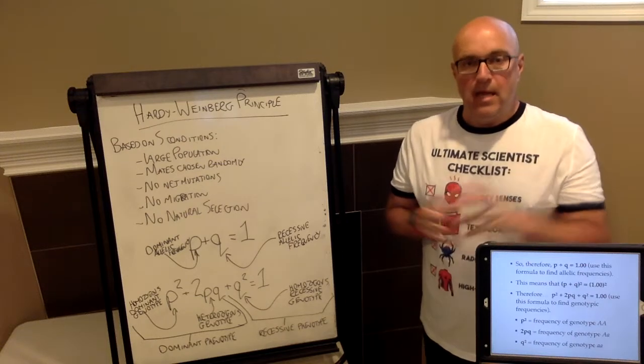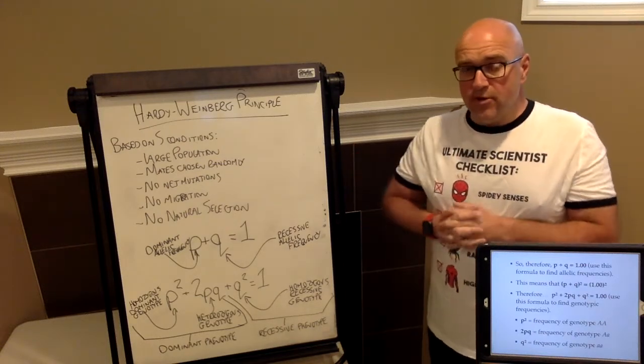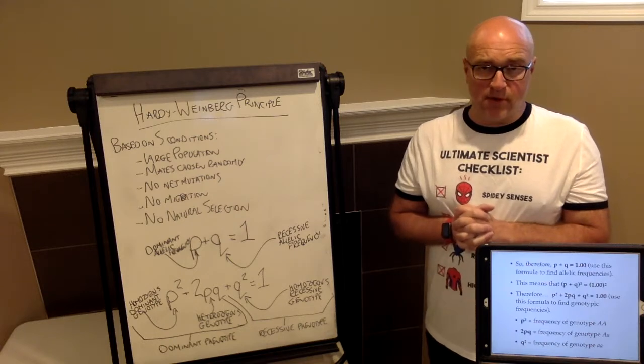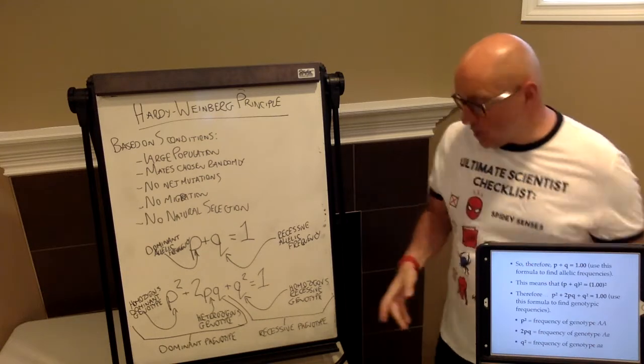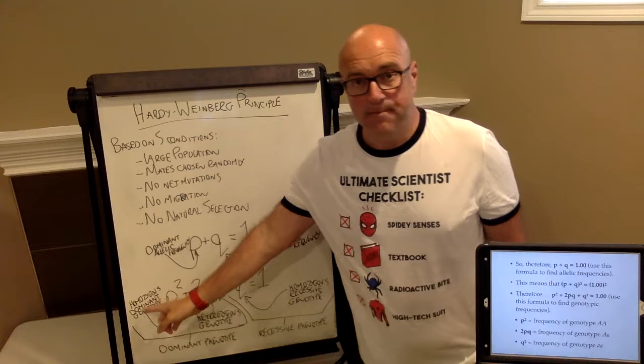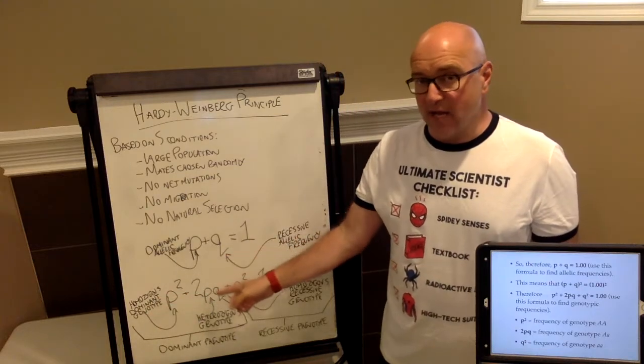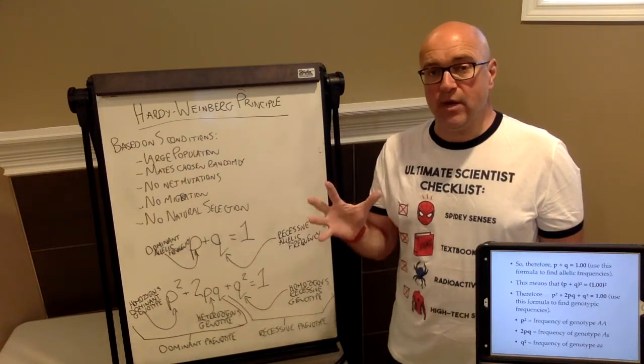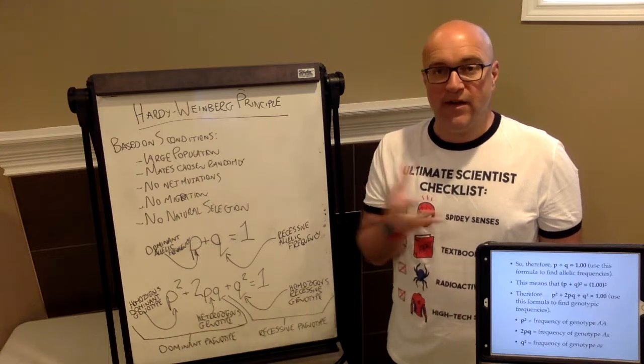All right? Now, this equation can also be used to calculate your phenotype frequencies, because you understand that the organisms that are homozygous dominant and the organisms that are heterozygous are both going to be showing the dominant phenotype.